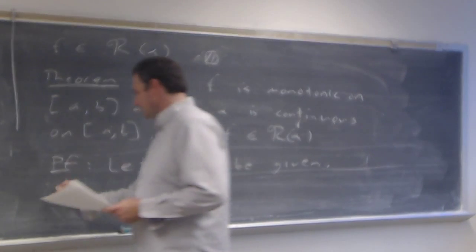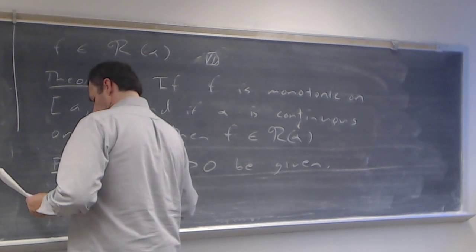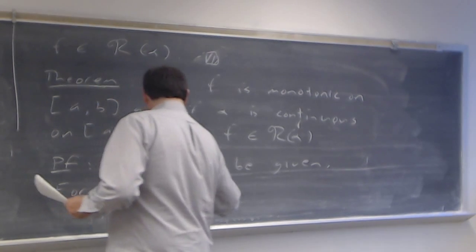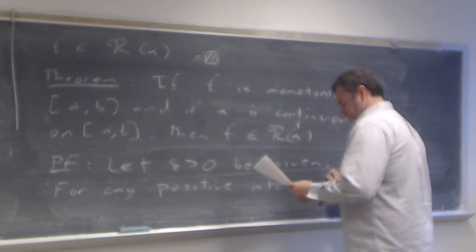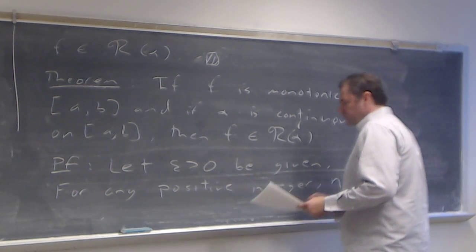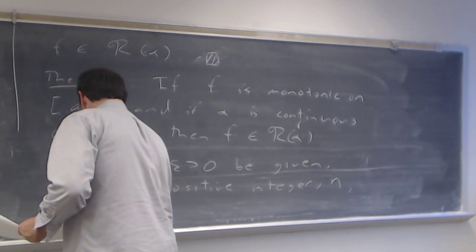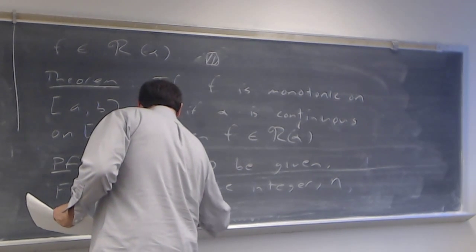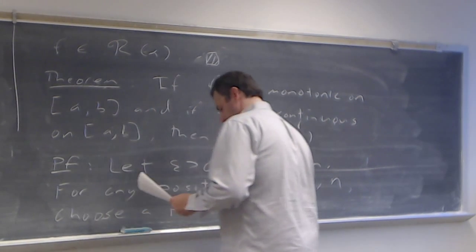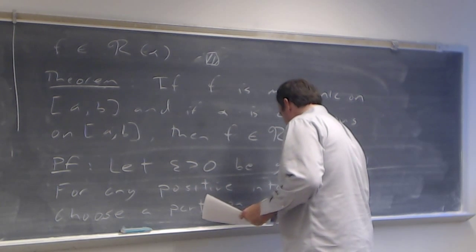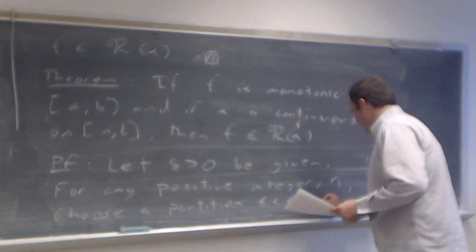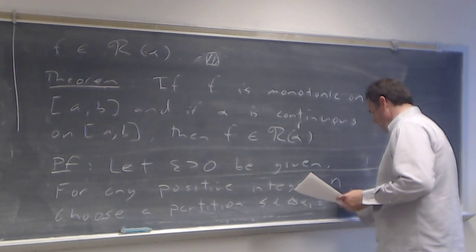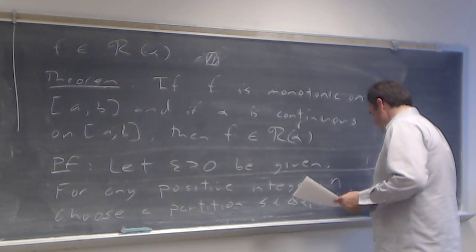For any positive integer n, we're going to choose a partition such that the delta alpha sub i's will be equal to alpha of b minus alpha of a over n.